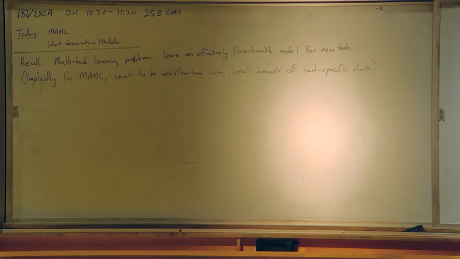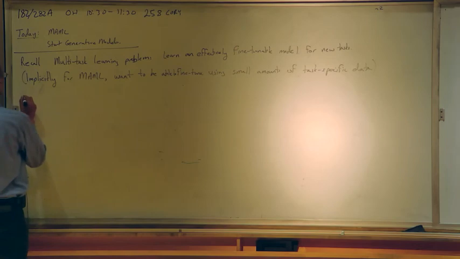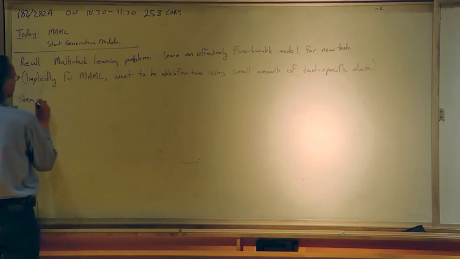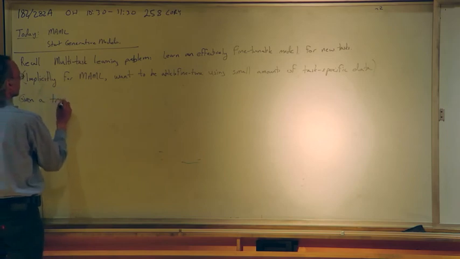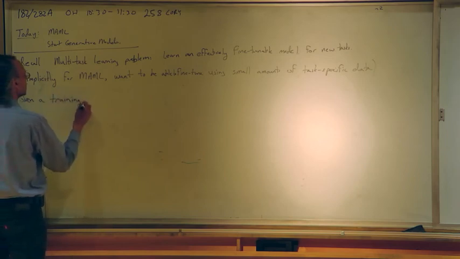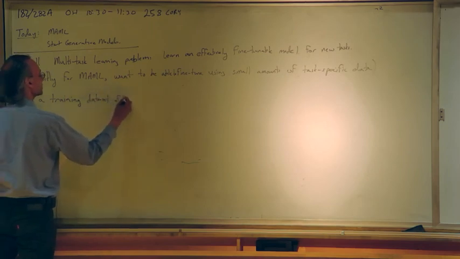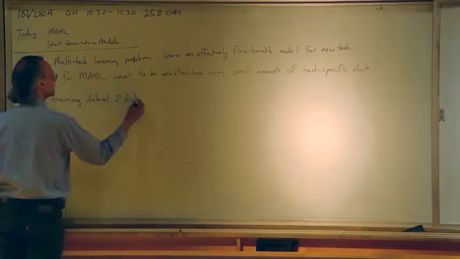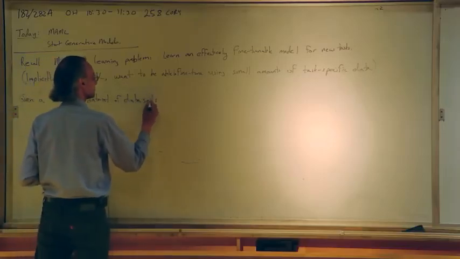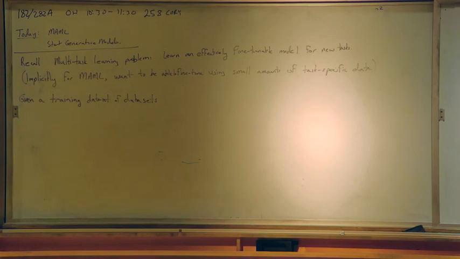Then how do you even formalize this as a kind of problem given what your data is? So the idea is we're given a training data set of data sets. So instead of having a data set tied to a particular task, you have a data set of data sets tied to many different tasks.